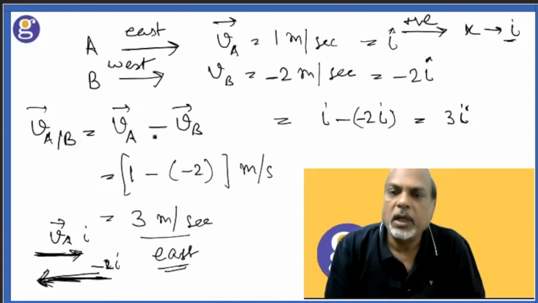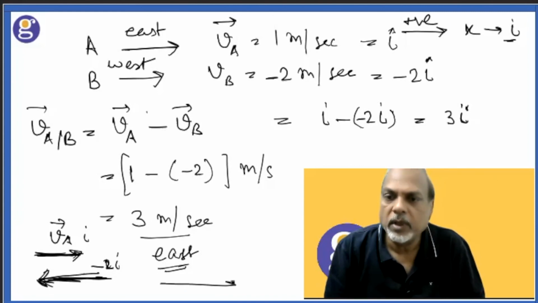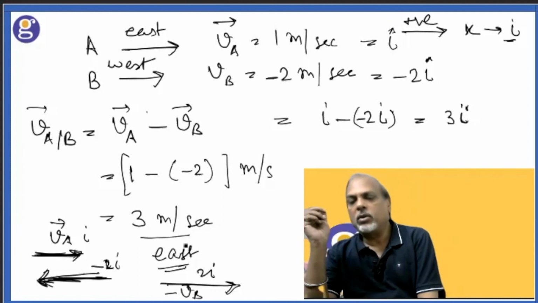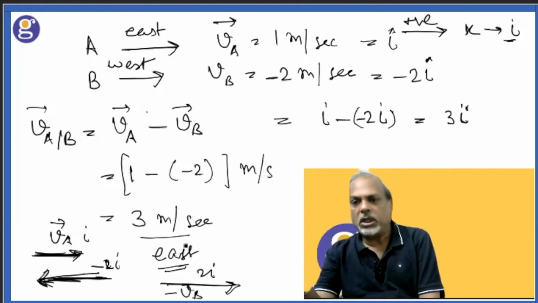Now here basically it is minus VB. VB is basically minus 2I. Then minus VB will be nothing but 2I. So this vector and this vector, if we add, then naturally your velocity of A with respect to B will be 3I, and that direction will be due east.